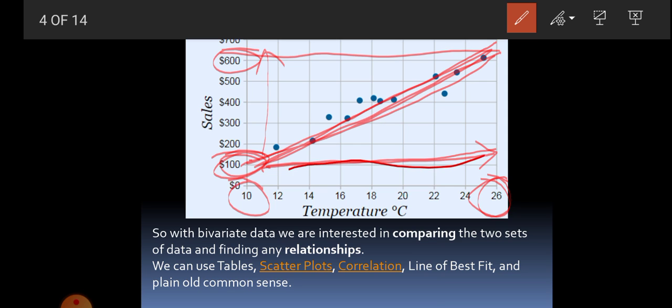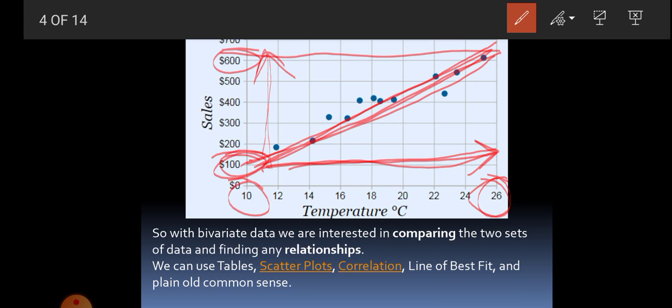So as the temperature is rising, the sales are also rising. This kind of relationship, this kind of comparison, we can get only with the help of bivariate data. If suppose you have only temperature and no other quantity to compare, then how will we make a relationship, how will we make a comparison?